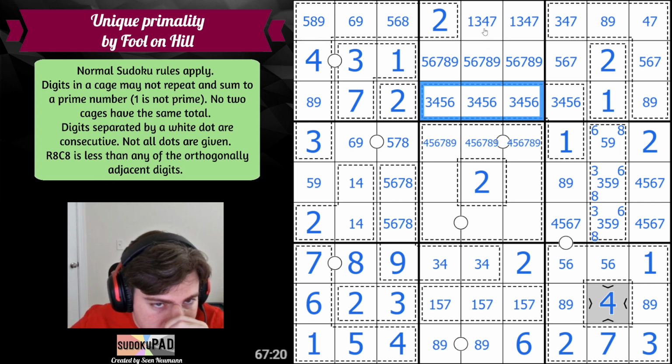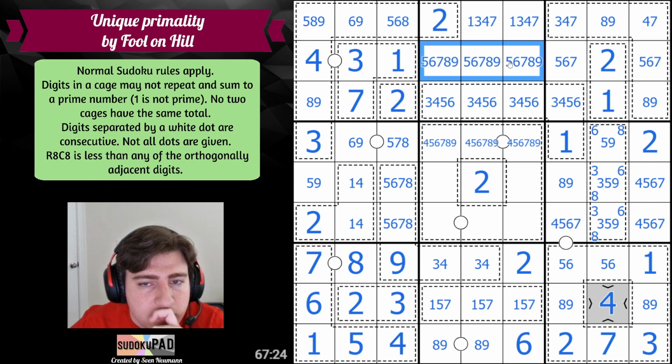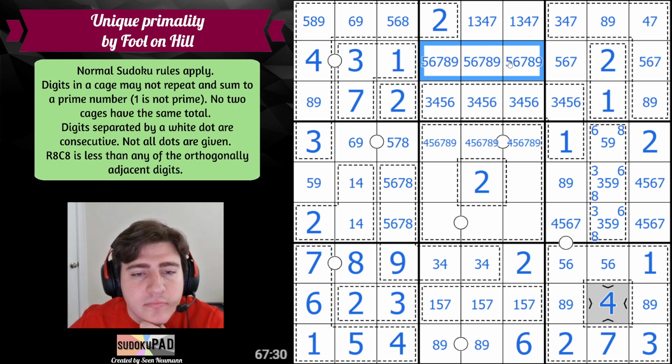Three, 4 in here makes this 1, 7. And everything looks fine.